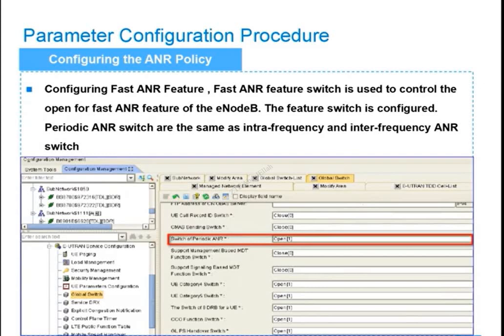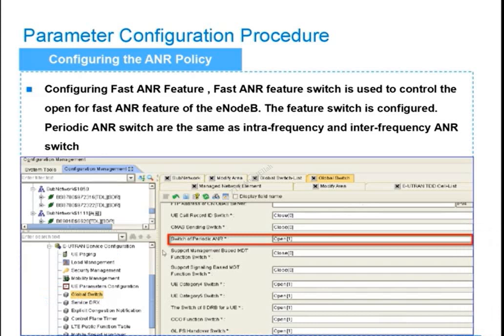If we configure the fast ANR feature, it will open the fast ANR period switch. The fast ANR switch is used to control whether the fast ANR feature of the eNodeB is open. This switch is configured as a global switch, and it is used for both the intra-frequency and inter-frequency ANR.